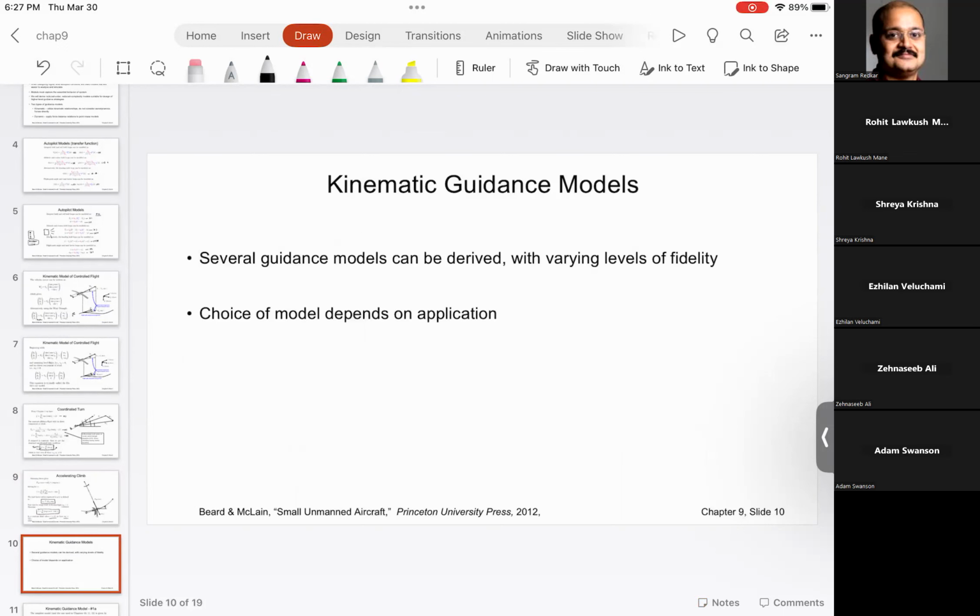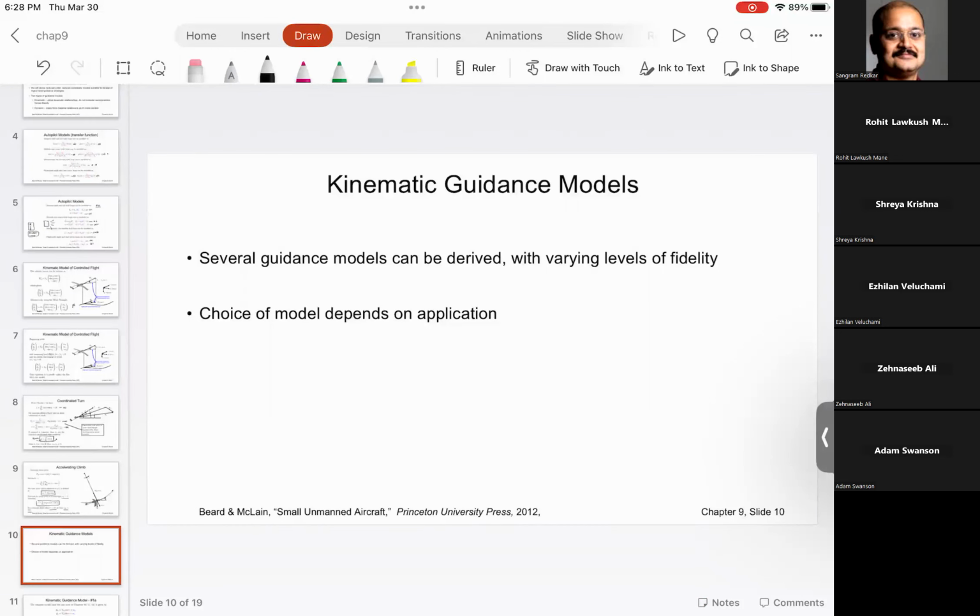Now let's quickly look at the kinematic guidance models. And please understand that the models we are going to discuss here are full nonlinear models, unlike the previous case where we looked at the linear models. So again, you have the choice, and depending upon the aircraft that you are designing, you have certain guidance models.